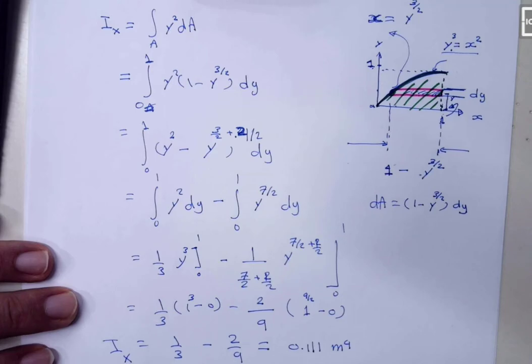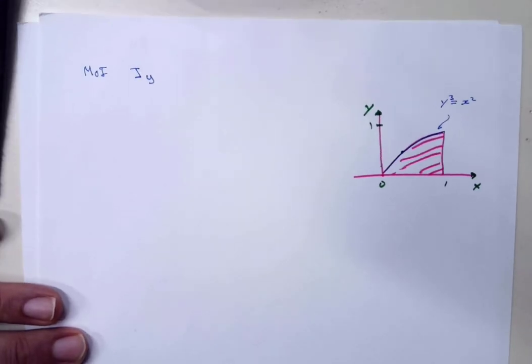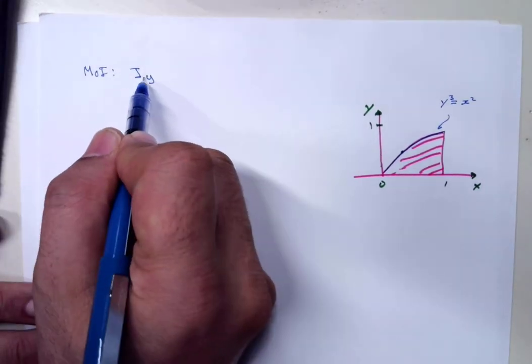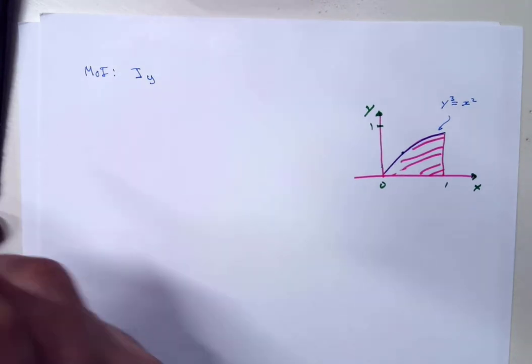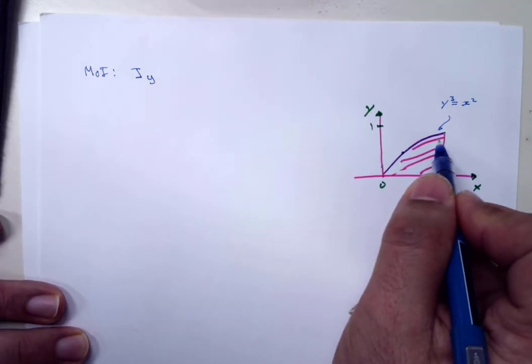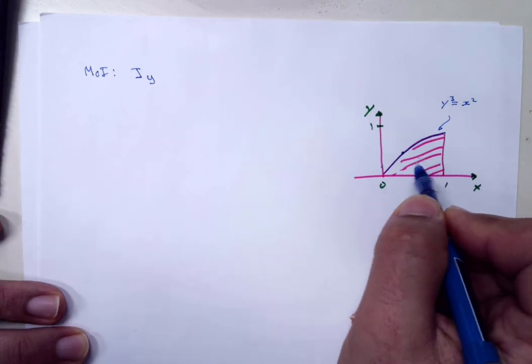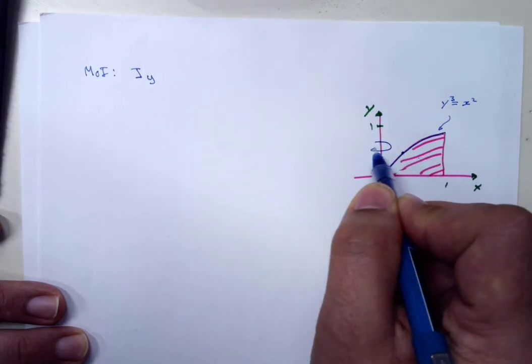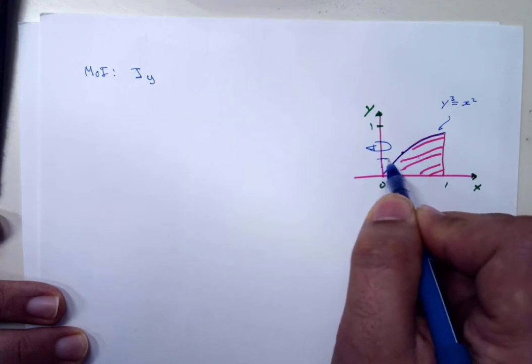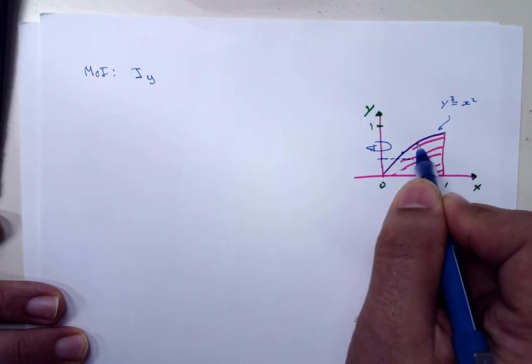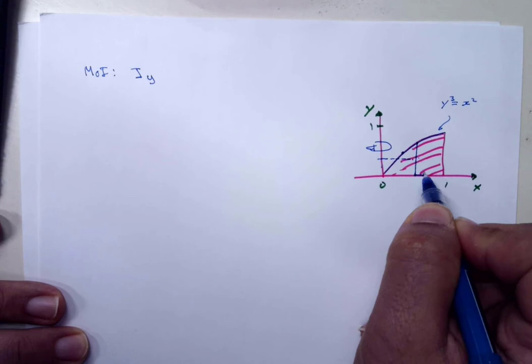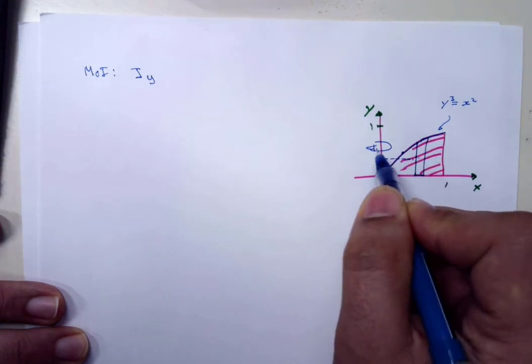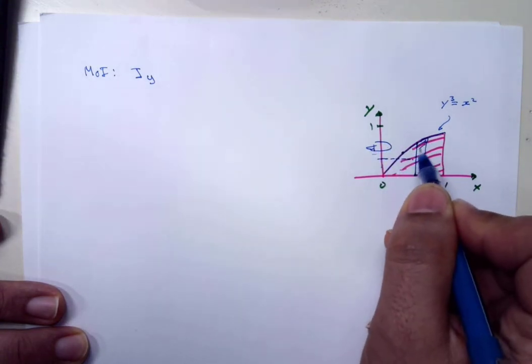Alright, so now we want to calculate the moment of inertia about the y. By definition, I want to calculate the moment of this shaded area about its ability to rotate. So I'm looking at a fragment such as this one to rotate about the y-axis, right?